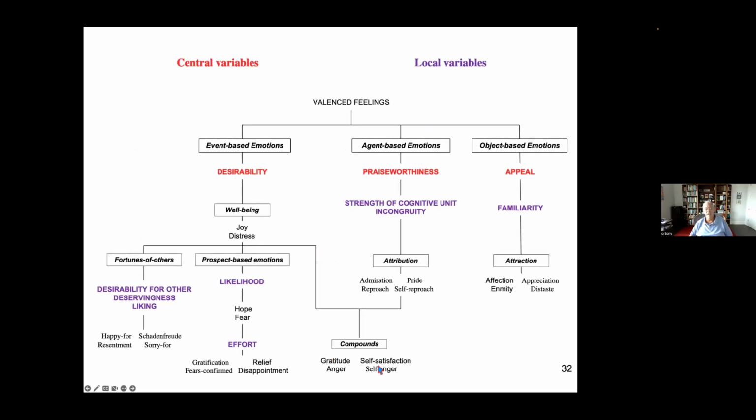And so you can redo the overall structure of OCC that I showed you, showing the intensity variables. The red ones are the central variables associated with the branches, and down here, the intensity variables that influence the intensity of emotions in particular groups.